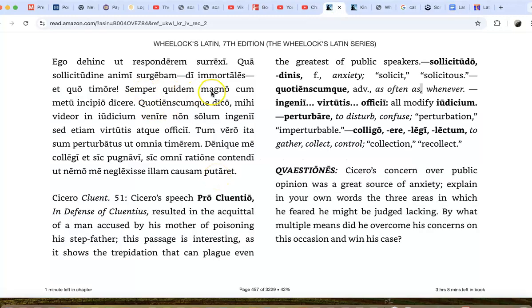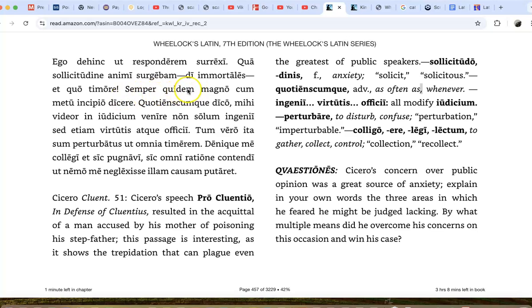Semper quidem magno. Semper means always. In English, of course, we like the subject and verb first, so maybe we'll start with that this time. Incipio means I begin, like inception. So, "I always begin to speak with great fear."